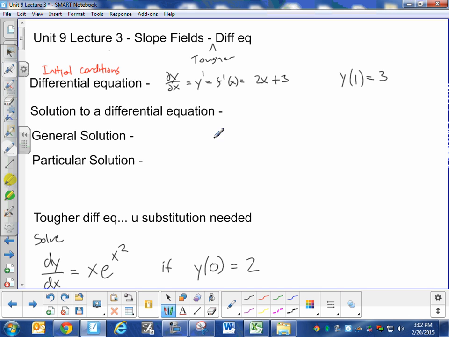The solution is the function that meets all of the initial conditions. It's y, or f of x, or something implicit that satisfies the initial conditions.